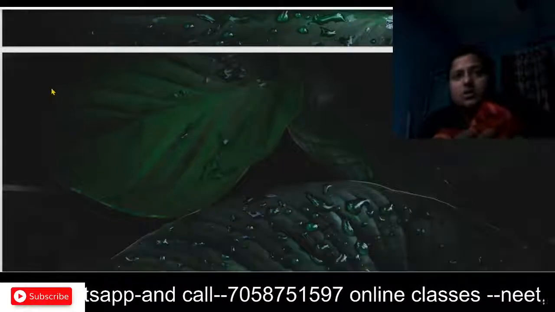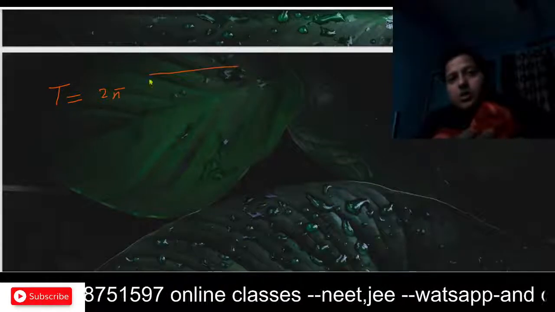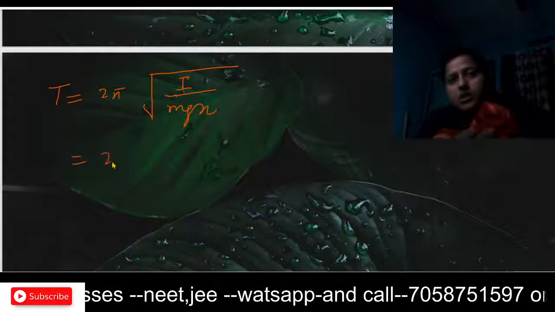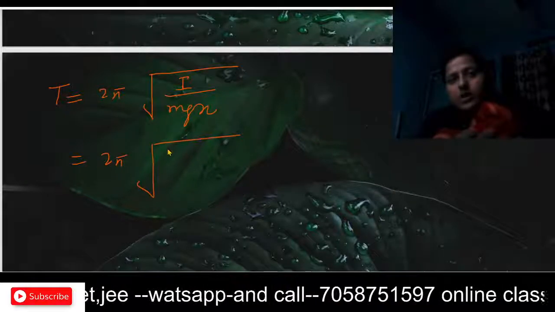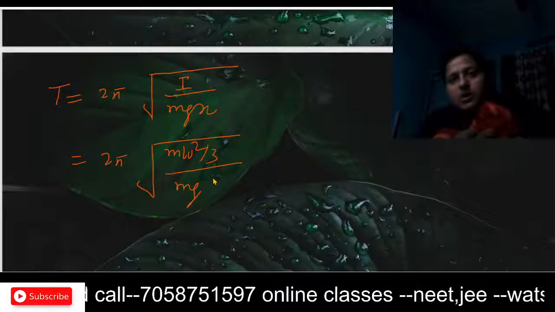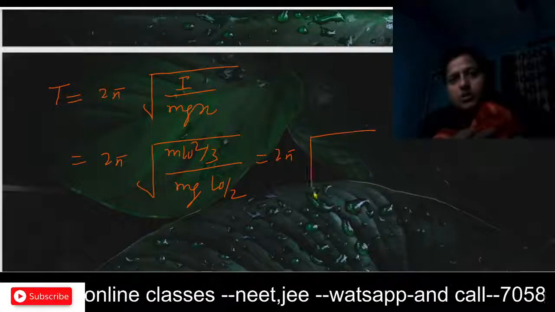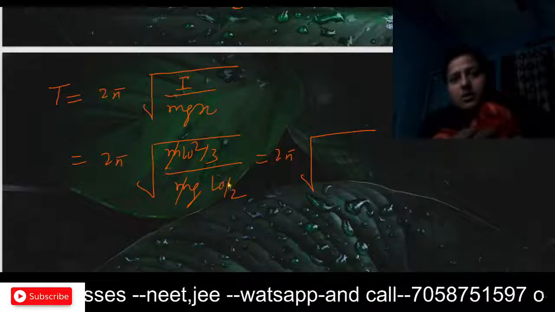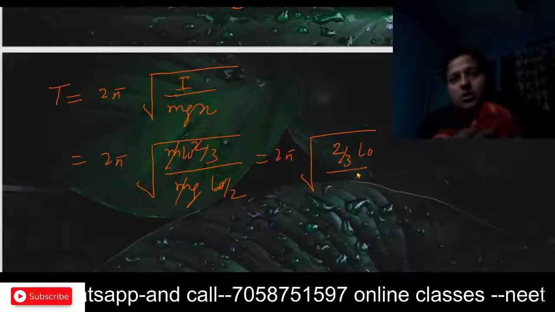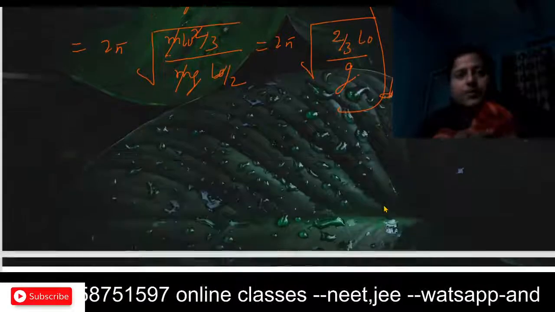So using this given information, time period is 2 pi under root I over mgx. So that equals 2 pi under root ML0 square by 3 over mg into L0 by 2. M gets cancelled, L0 gets cancelled. So 2 pi under root 2 L0 over 3g. This is our required time period.